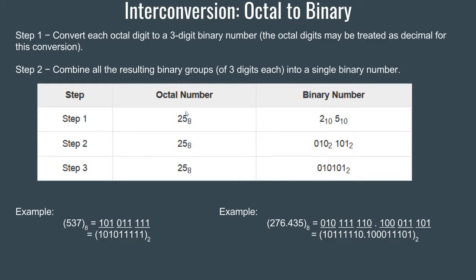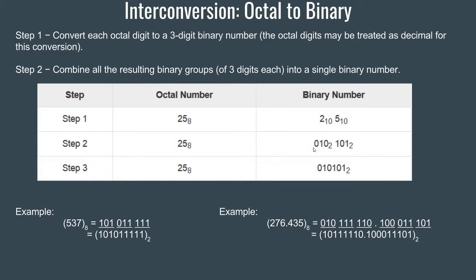This means, suppose you have an octal number that is 25, obviously base 8 because it is octal. Now you have to convert this octal number into binary. What you will do is consider this 2 to be in base 10 and this 5 also to be in base 10, although the entire number is obviously base 8.